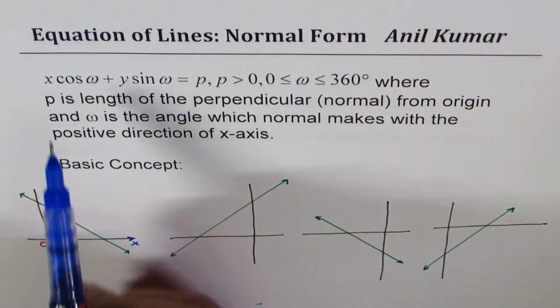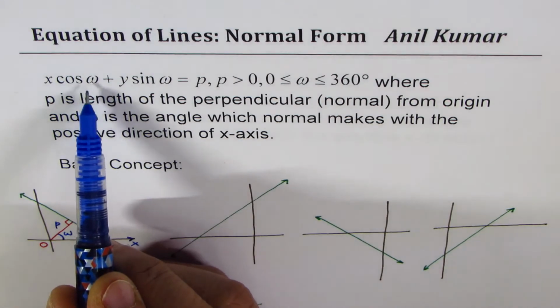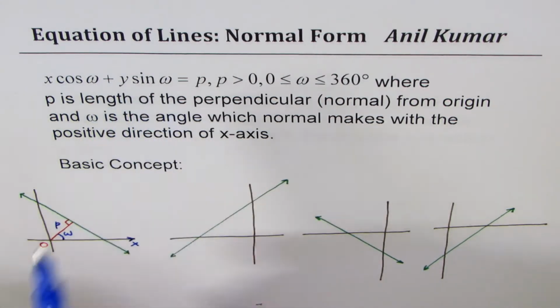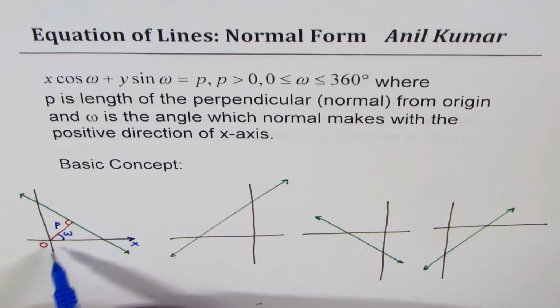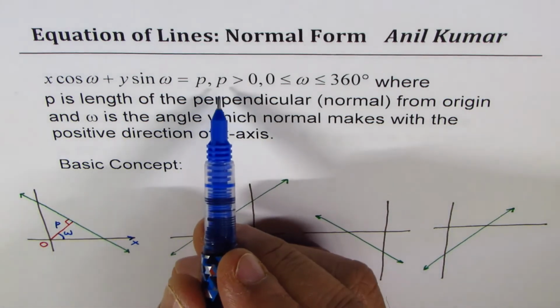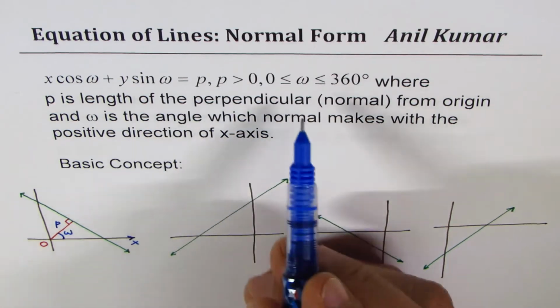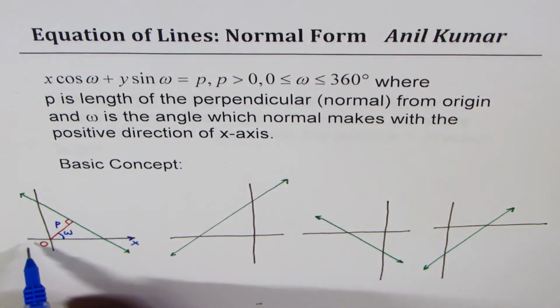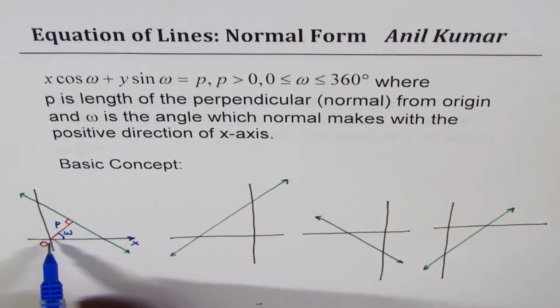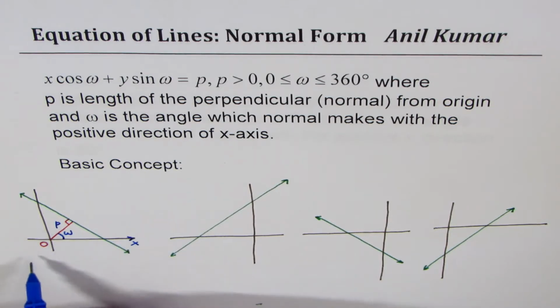It is written as x cos omega plus y sin omega. And of course, for such a situation, you need the length of the perpendicular, so we are taking that to be greater than 0, and the angle omega is measured from the positive x-axis counterclockwise.